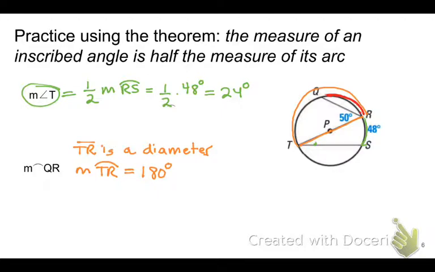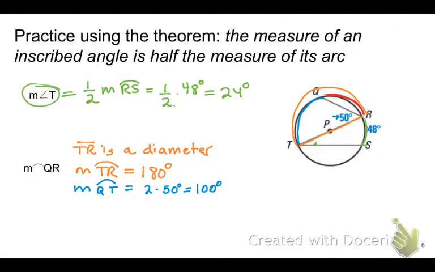So, let's start taking that apart. We also have this convenient 50 degree angle here. Okay, so we know that the measure of arc QT is equal to 2 times its inscribed angle, 2 times 50 equals 100 degrees.